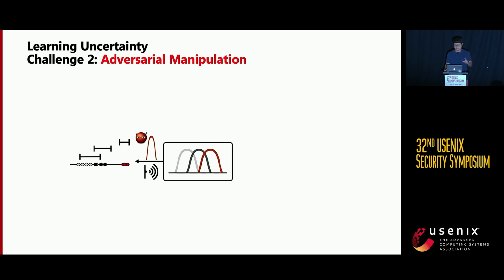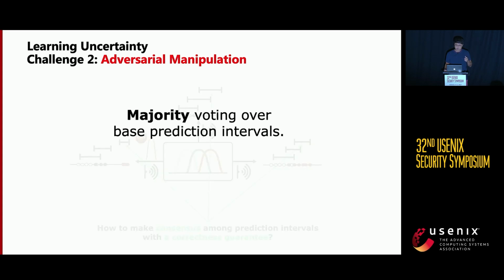To avoid this issue, we take multiple measurements and construct a prediction set independently, and take a majority voting over these base prediction intervals. For example, if there are 3 base prediction interval sets, we can take a consensus over them and extract the consensus set, like visualized in this case.